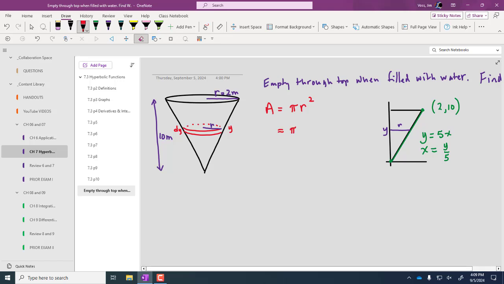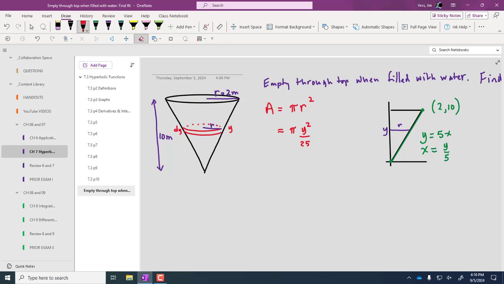Pi times y fifth squared, so y squared over 25. Perfect. Good. So now we have the cross-sectional area of every single disk throughout this cone.